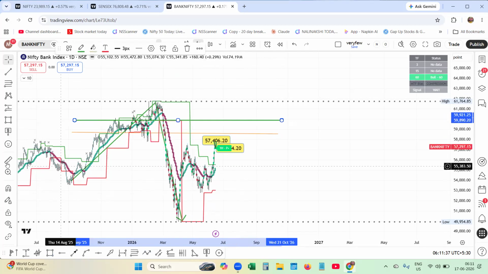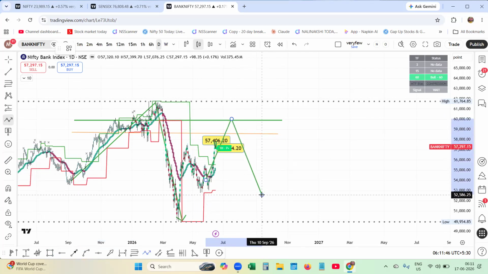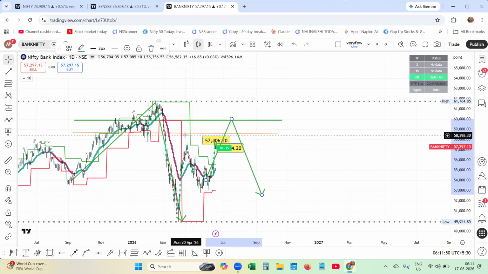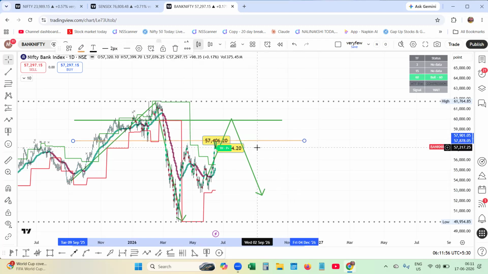What happens in the market is, market will try to correct from here. So this level, 57,406 or 57,807, is a make or break level.